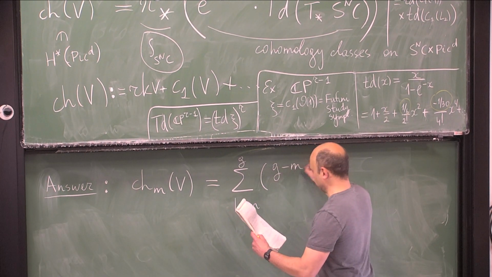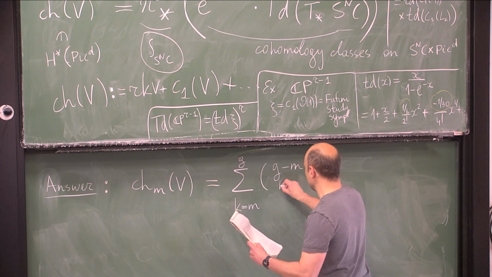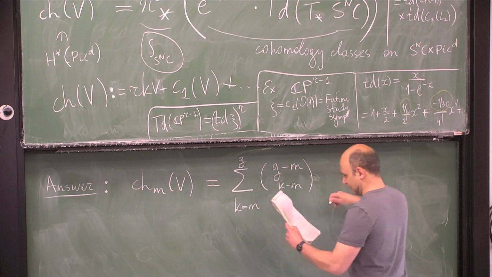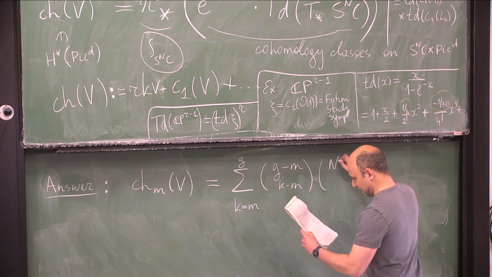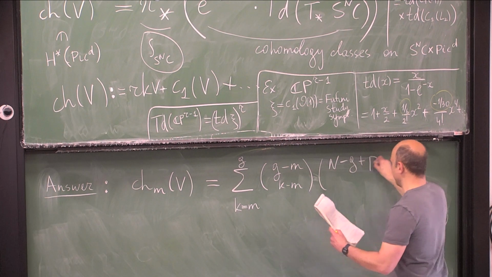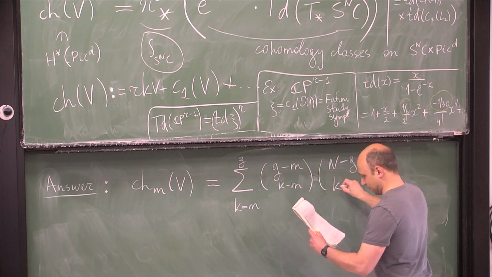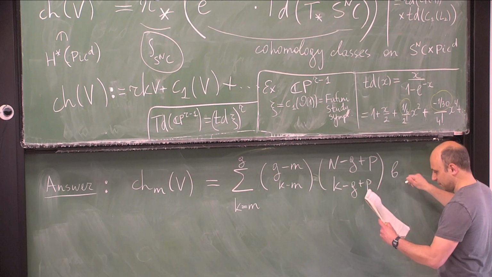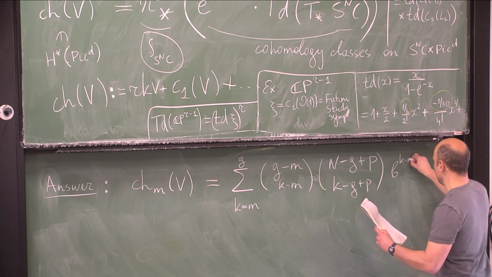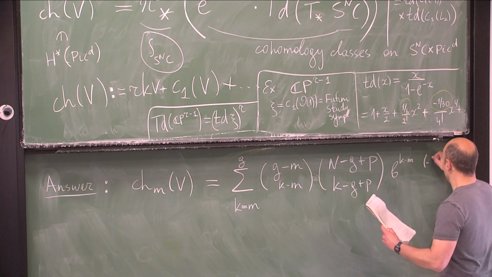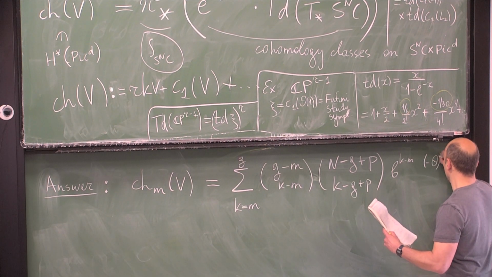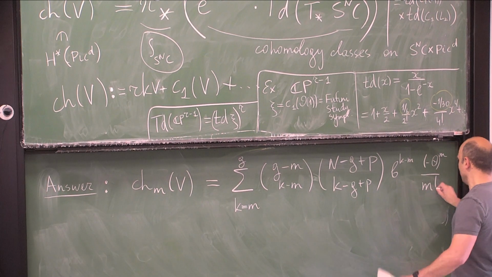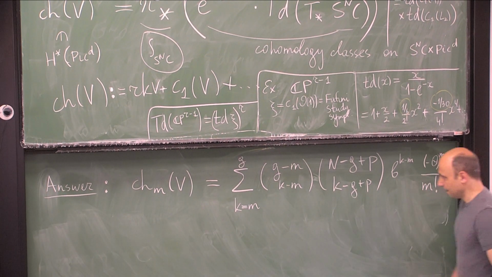There are binomial coefficients. Choose g minus m, k minus m, n minus g plus p. So I will k minus g plus p. B to the power k minus m, minus theta to the power m, over m factorial.